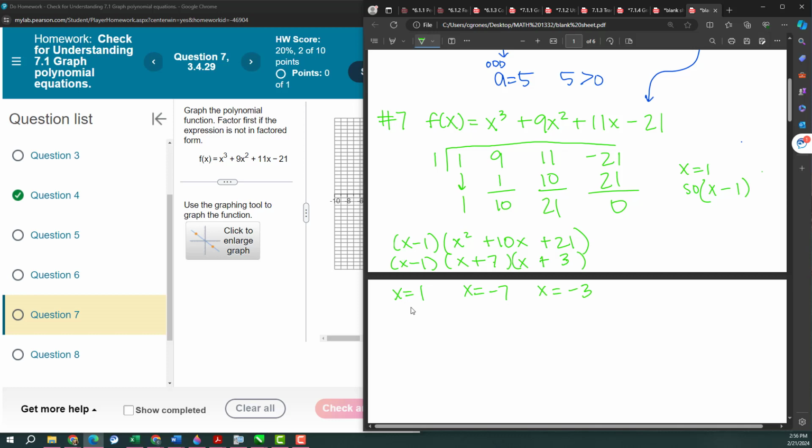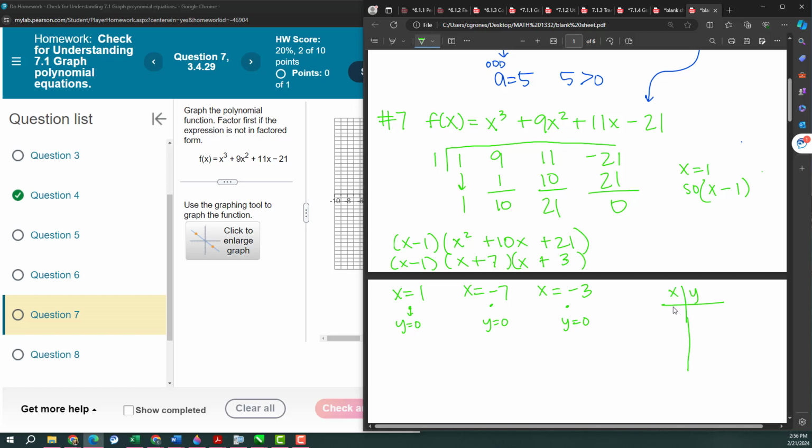That means at these places where x equals these numbers, y equals 0. So the graph is going to touch our x-axis where x equals 1, x equals negative 7, and x equals negative 3. We do need one more point, so I'm going to make our table.